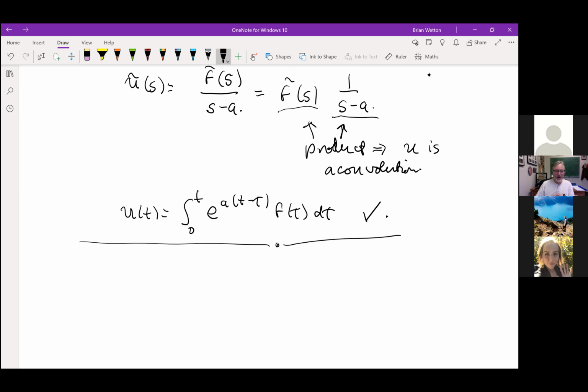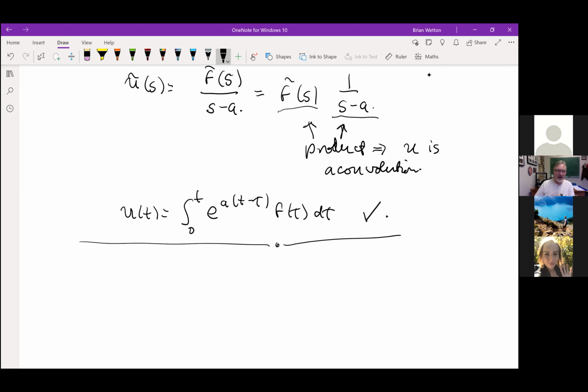And if you've got a function that's 0 for negative arguments, then this is the form that you get. So yes, but no, because of the feature of the Laplace transform, this is the window that you get.